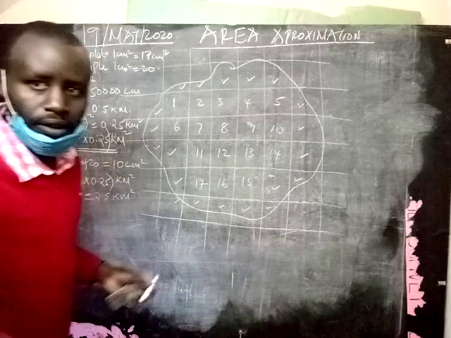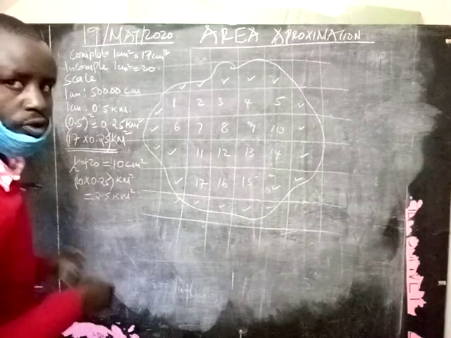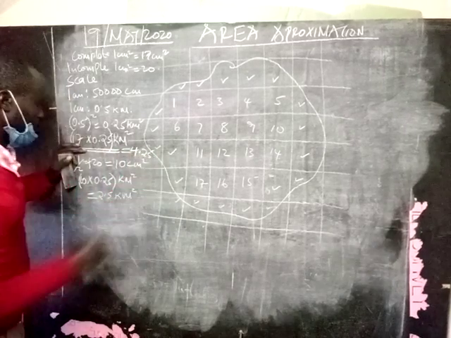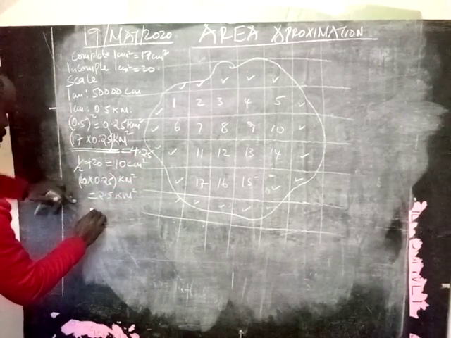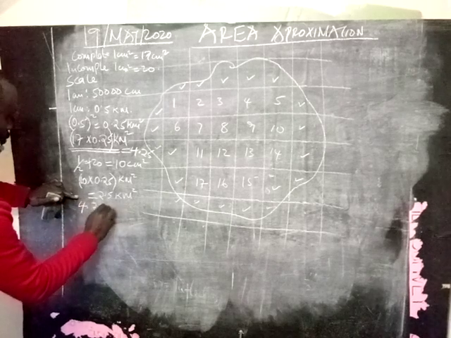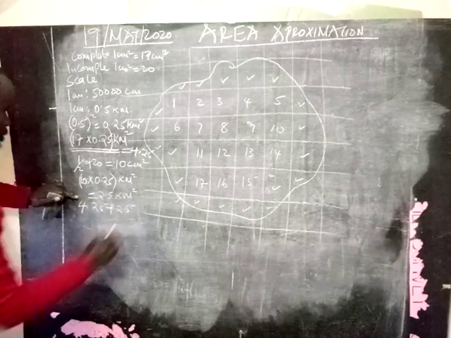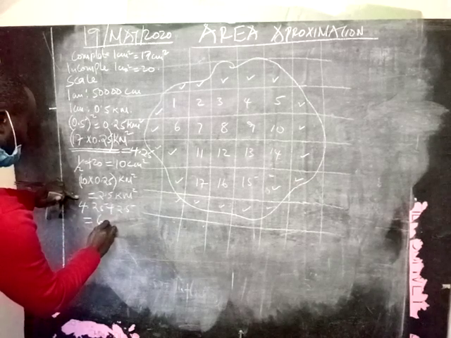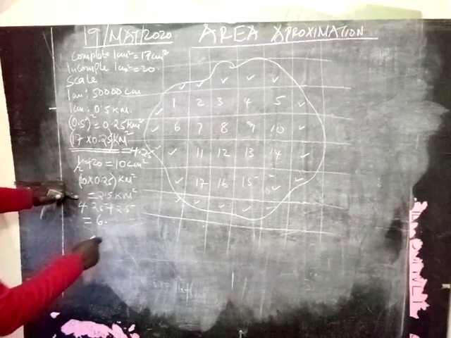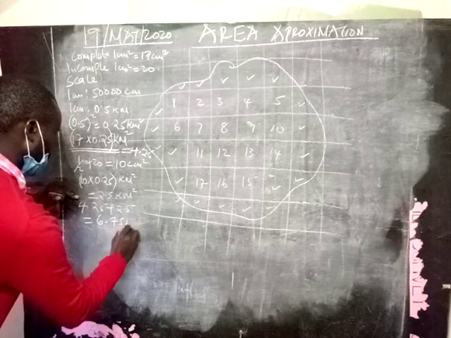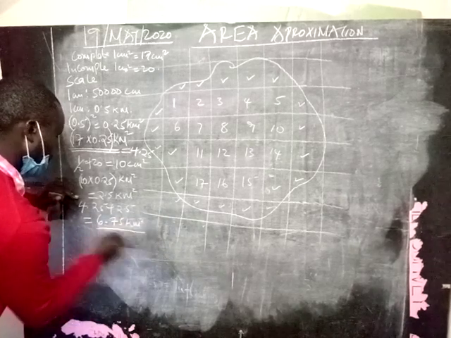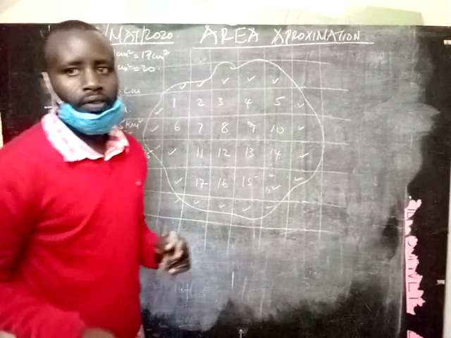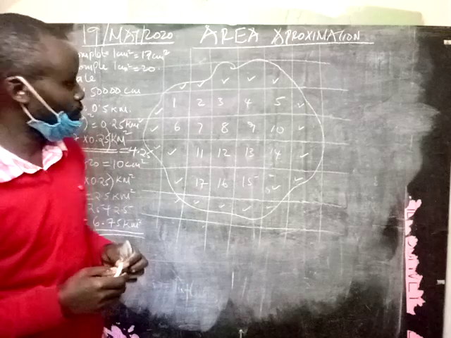The other one is going to be 4.25, so we are going to add 4.25 plus 2.5 to get 6.75 kilometers square. That now is the area using this technique. That is one of the techniques that we are going to use.